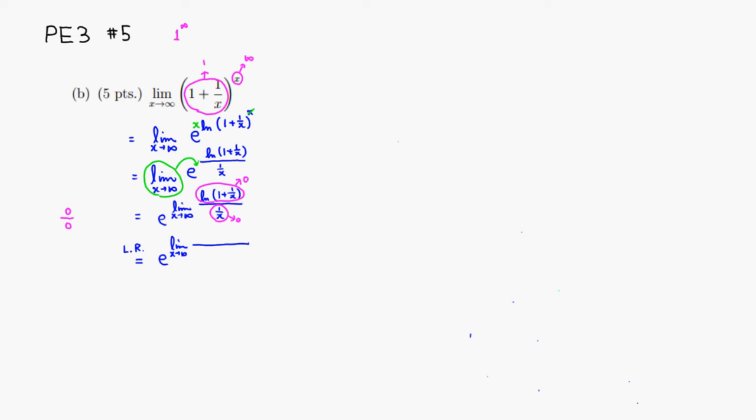Remember, if you have the natural log of g of x and you want to take the derivative, all you have to do is write whatever is inside the natural log as the denominator, and take the derivative of that and put it on top. Here, same deal. We have 1 plus 1 over x, put it on the bottom, in the denominator, and take the derivative of that and put it on top.